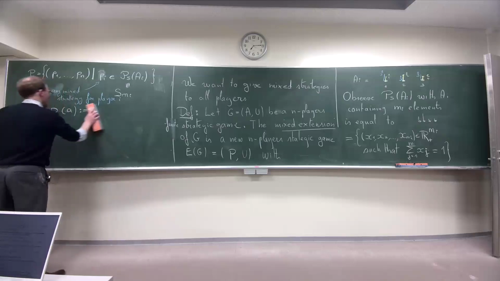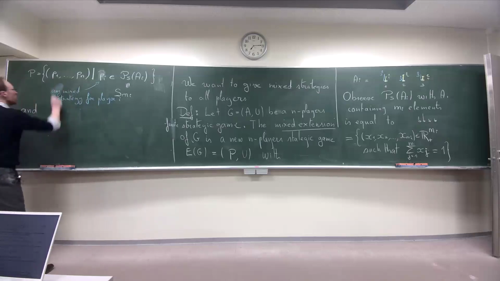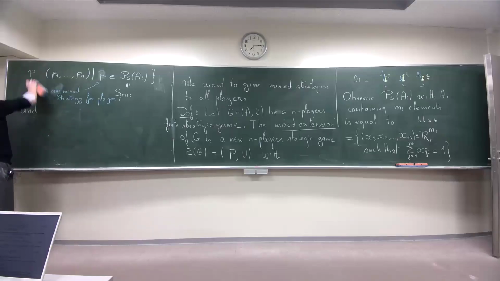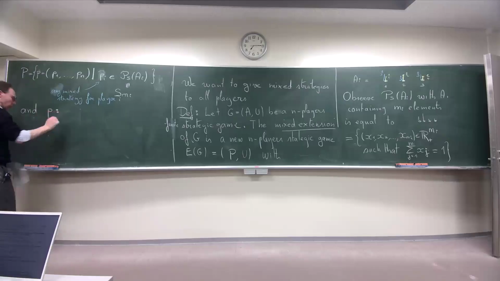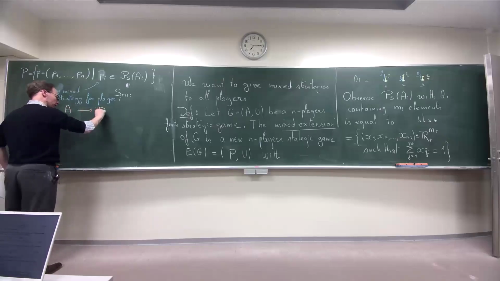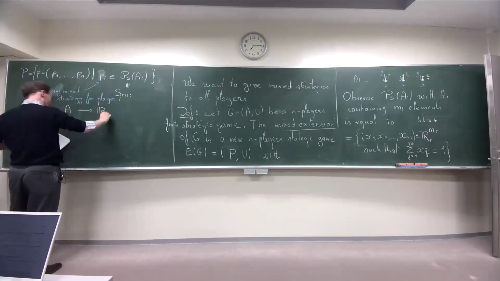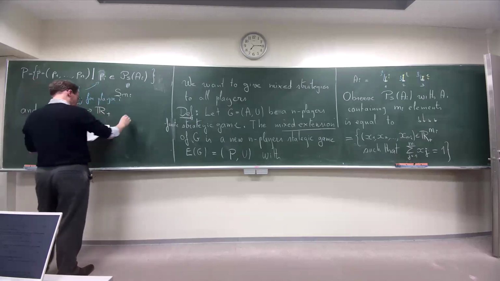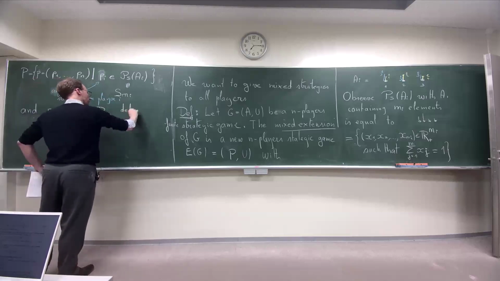So I should write on P. Oh, I didn't write, sorry. So this is capital P, but I should say the set of P of this form. P is P1 up to Pn. So it's like a vector. And P is a function from A to R plus, defined by.